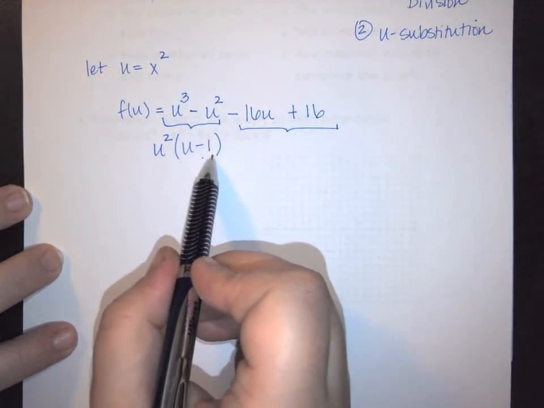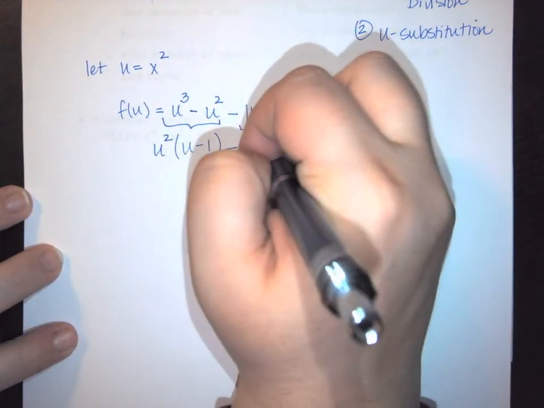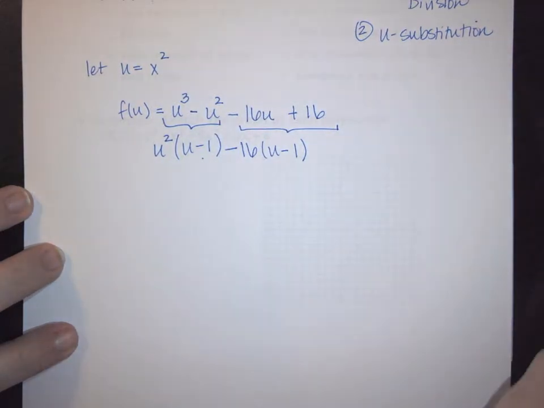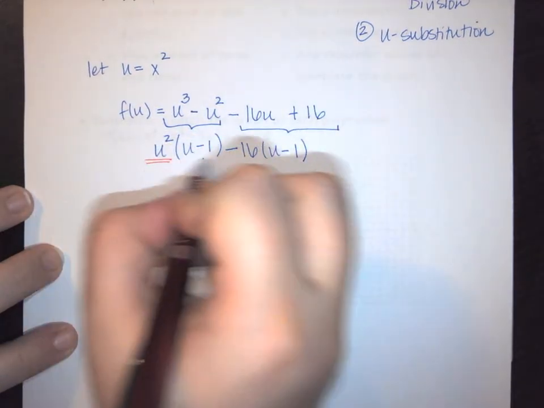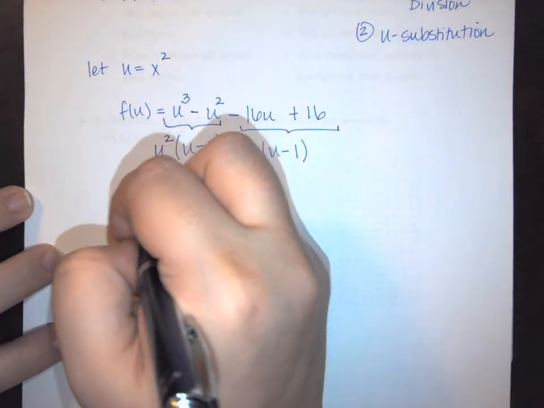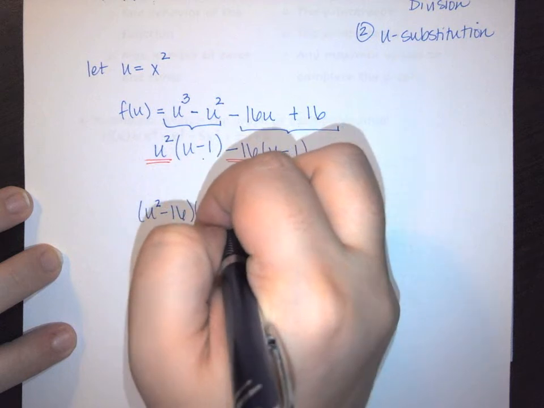So here we came up with u minus 1, that's what we're hoping for here. So we're going to pull out a negative 16 and get u minus 1. So the way that it works is you write down the outer numbers. So here we're going to have u squared minus 16 times u minus 1.